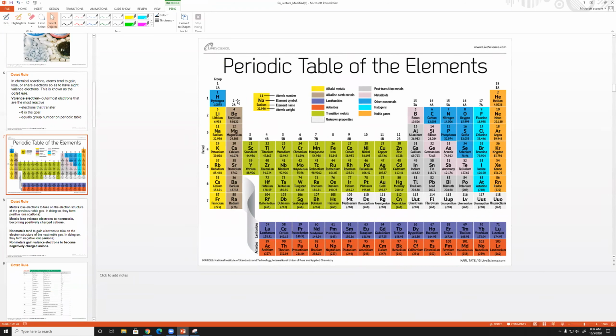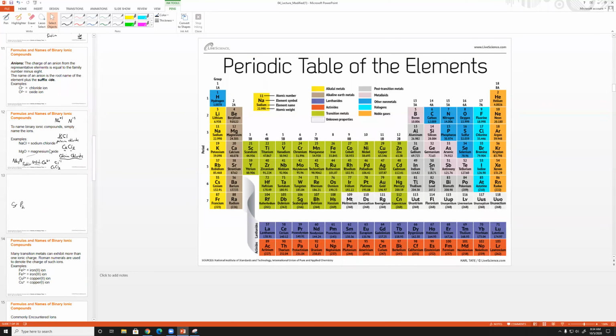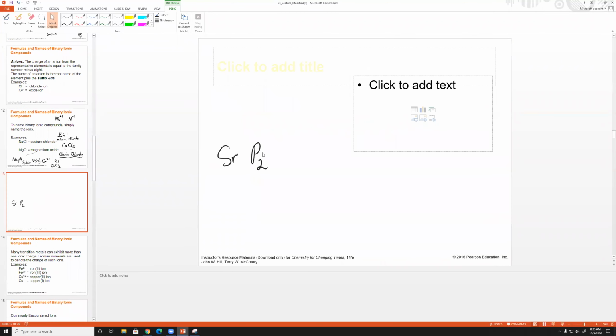The charge of strontium is +2. And P is over here, which is phosphorus. The charge of phosphorus is -3 because it's in 5A. So what would the name of this be? Anybody want to? Oh, wait, what did I do? That's not what I wrote. Here we go. That's what I wrote. So what would it be?